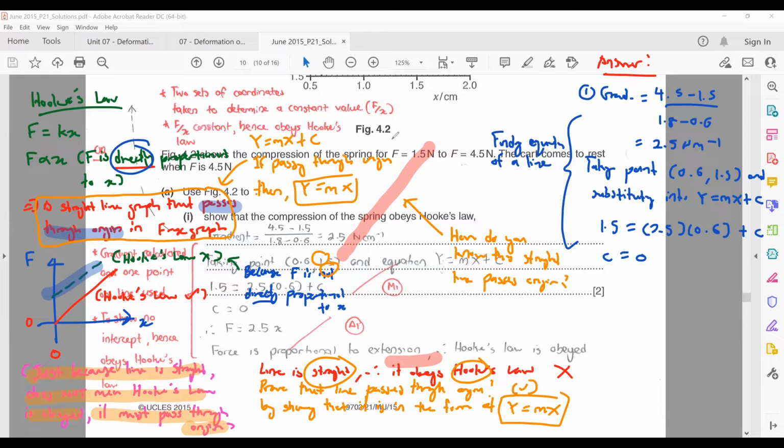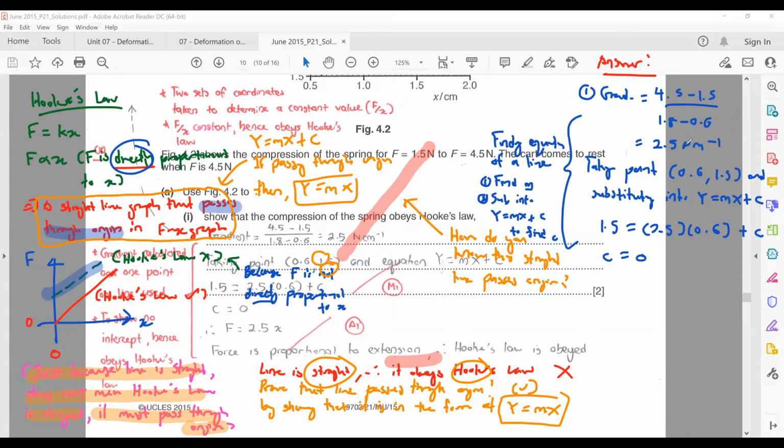You need to first find the gradient m and then substitute into y equals to mx plus c to find c. Isn't it? This is what you did last time in maths. When you want to find the equation of a line, you find the gradient. Then you sub it into y equals to mx plus c to find c, which is what you're doing here right now in this working.